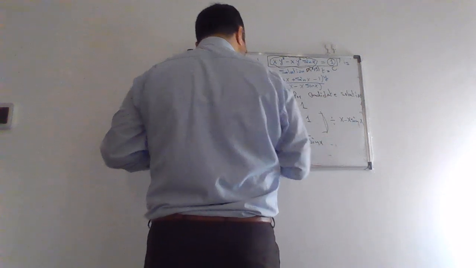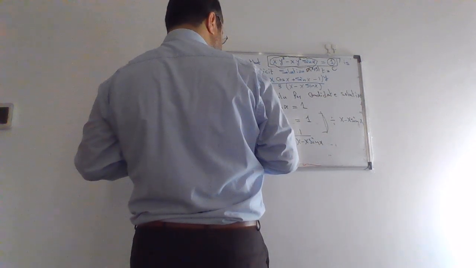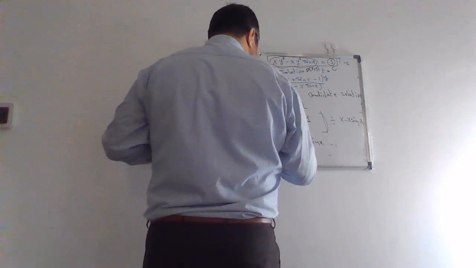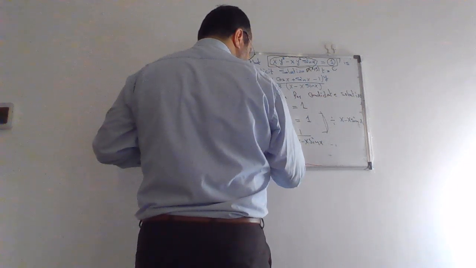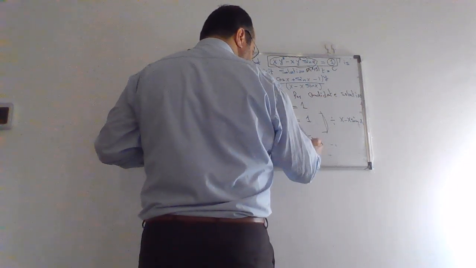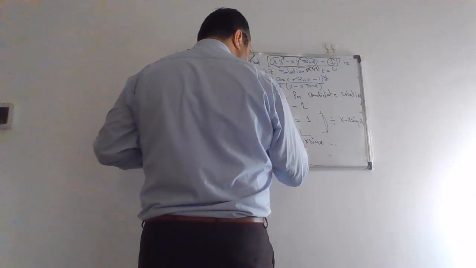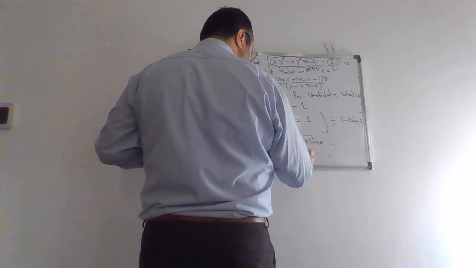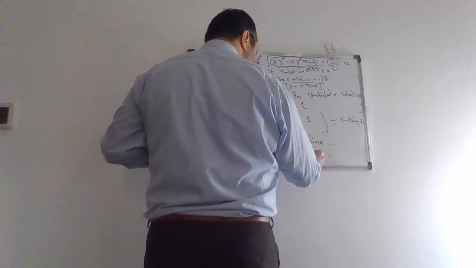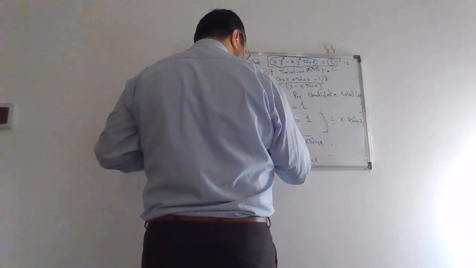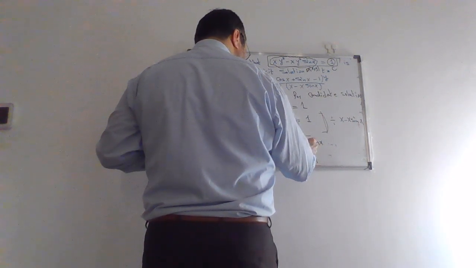Good? Yeah? And now I need y. Y is this thing to the power 1 over 3. So you're going to have 1 over x minus x sine x, third root, right? So the third root of that.